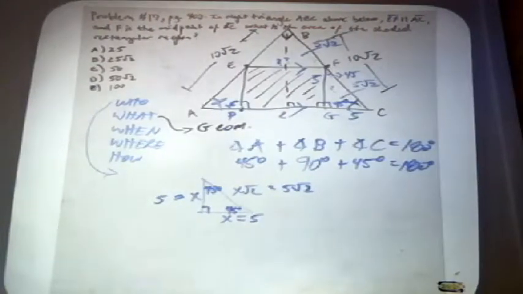So you can see already that this is going to be really helpful because guess what? We just found LG. Actually, we didn't. Sorry, jumping the gun. We just found FG to be 5. And we just found GC to be 5. Alright, so let's see what we can do from here.